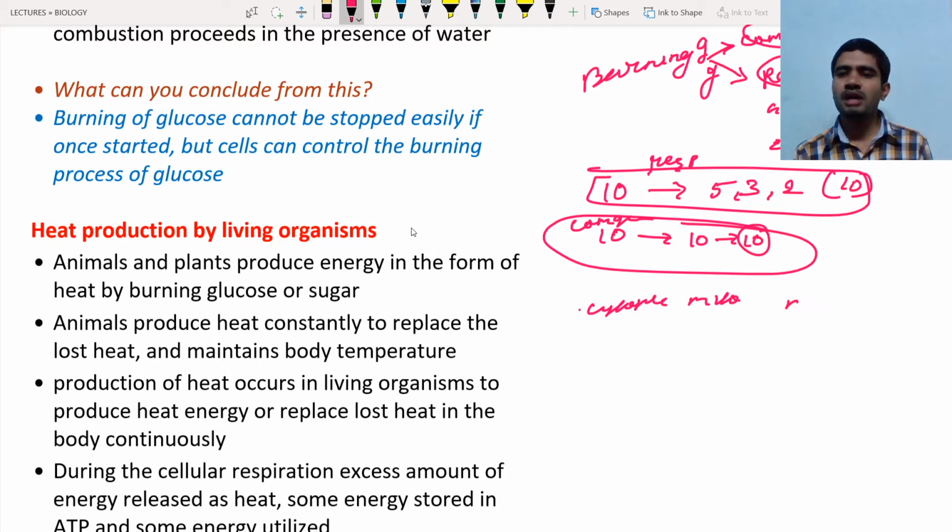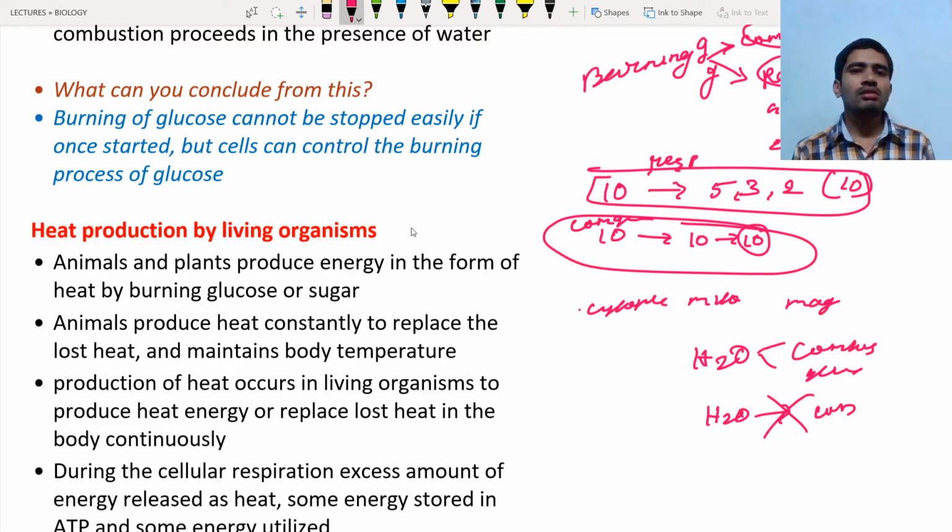This is one of the magic. What is that magic? Even with the presence of water in the cells, the combustion of glucose is going to occur. But in the laboratory, if water is present, no combustion will be seen.